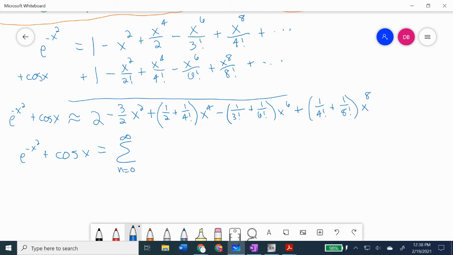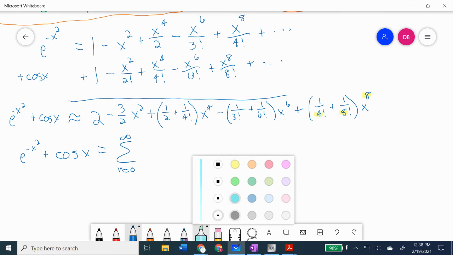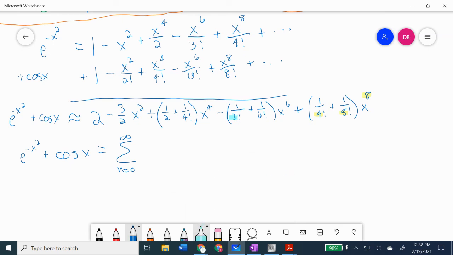And then when I go to make the formula, I look at my last couple of terms. And I also keep in mind, what n am I on? The 2 comes from n equals 0. The x squared comes from n equals 1. The x to the 4th from n equals 2, 3, 4.